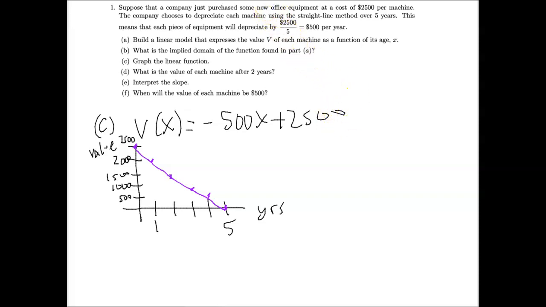Now, one thing to note with this is that the reason why we graph is that all the ordered pairs that are on this line are a solution to our equation. So the points that I made, the nice ones, we can just crunch the numbers and see that.